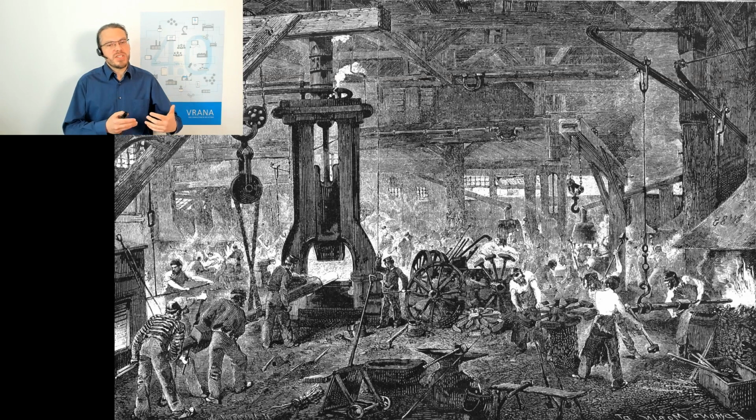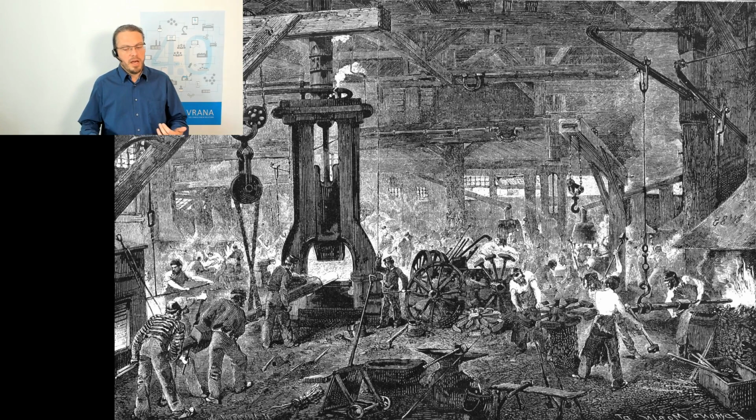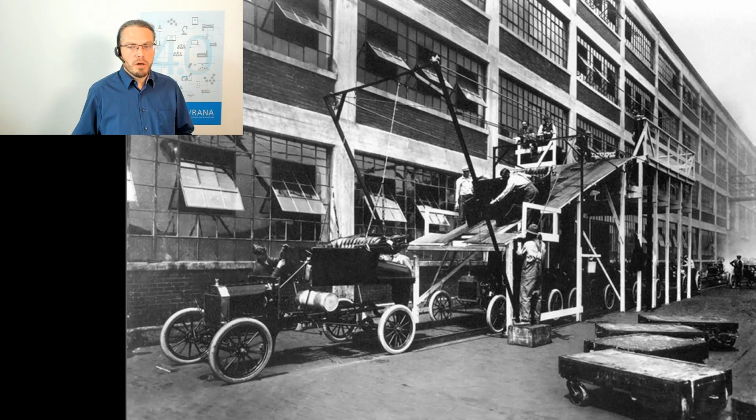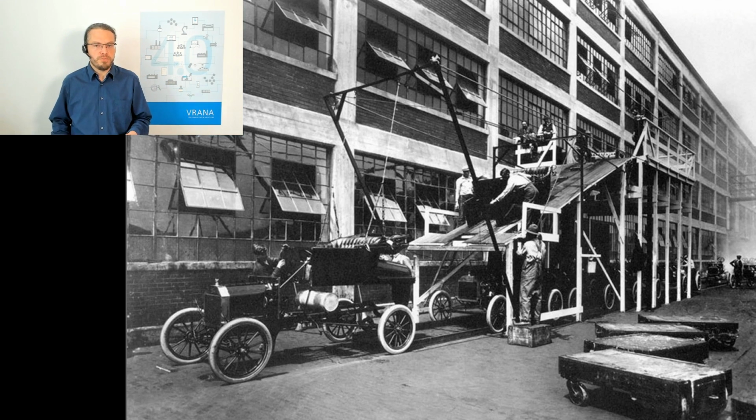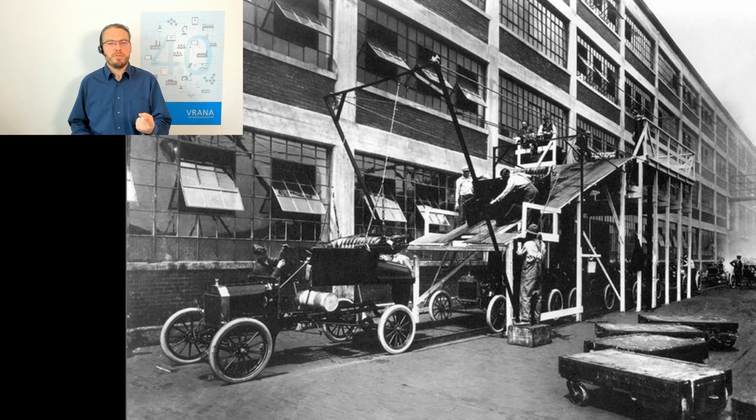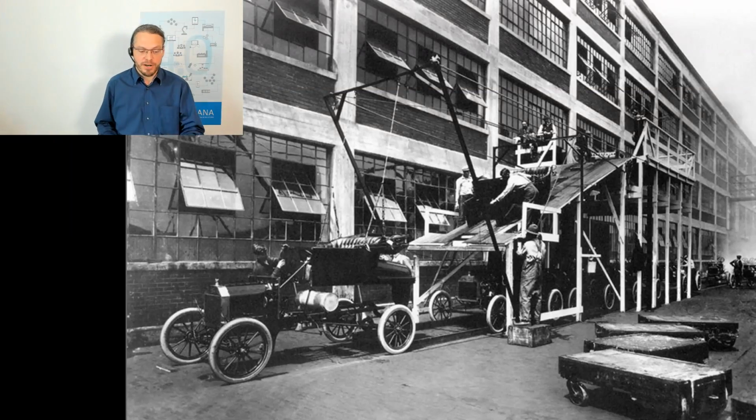You can already see a lot of what happened in those days. And then if we look into the automotive production, like here at Ford, what does that mean? Before that, how many people could afford a horse carriage? How many people could afford a car? How many people can now afford a car?